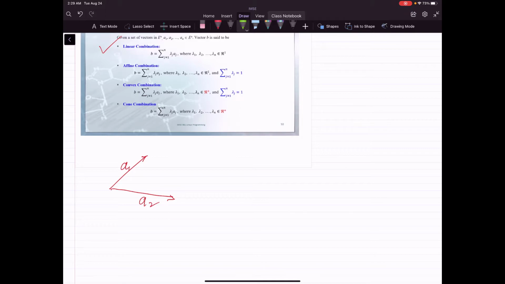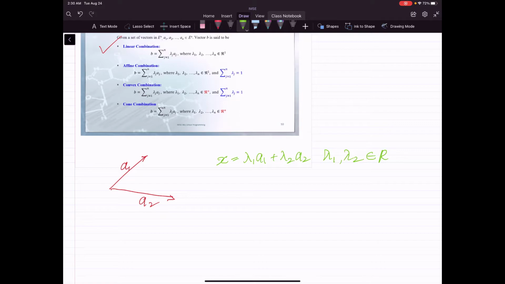And the linear combination is actually so-called, for example, x equals lambda 1 times A1 plus lambda 2 times A2. Both lambda 1 and lambda 2 are real numbers, can be positive or negative.